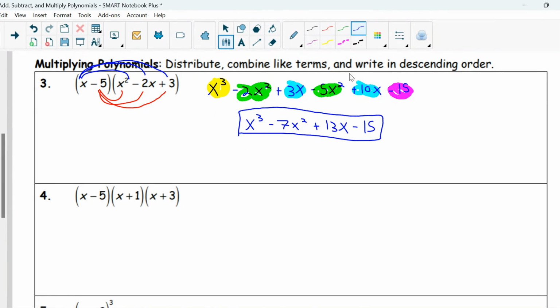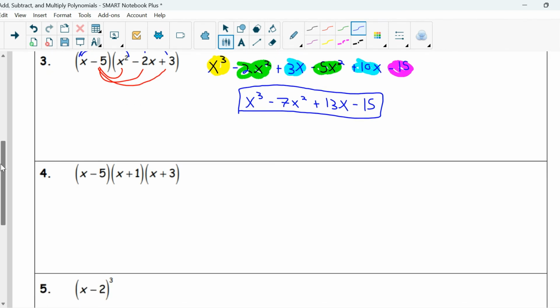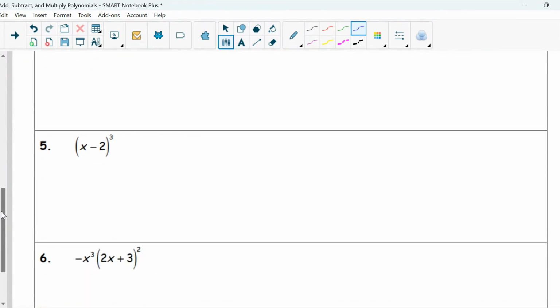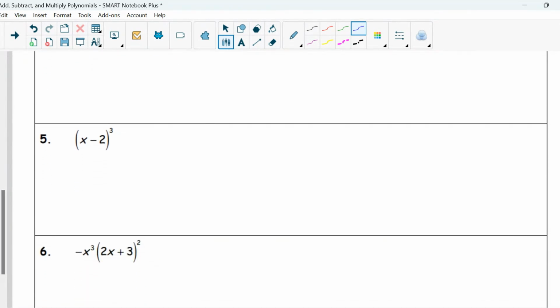Okay, you want to make sure that you write your final answer in standard form, which is descending order from your exponents. Okay, I'm going to skip number 4 and go on to number 5, and you guys should be able to complete 4 and 6 on your own just fine.